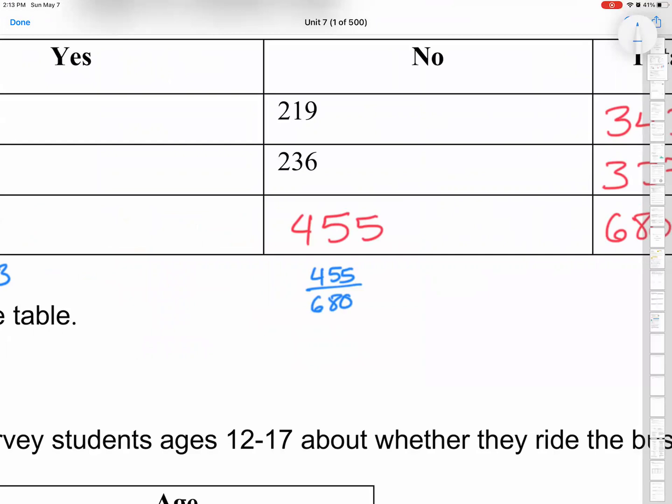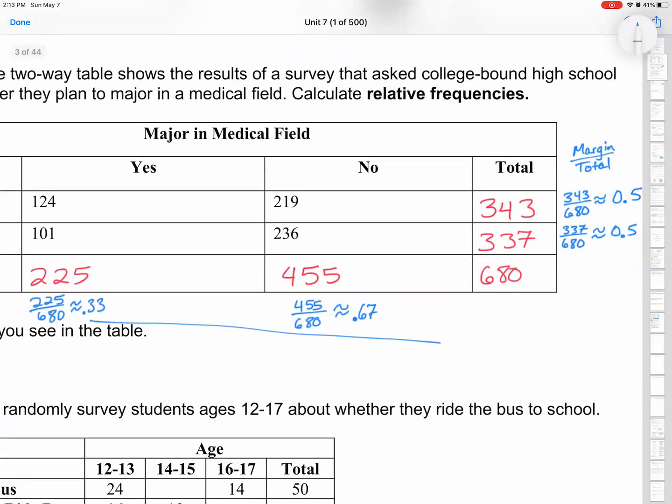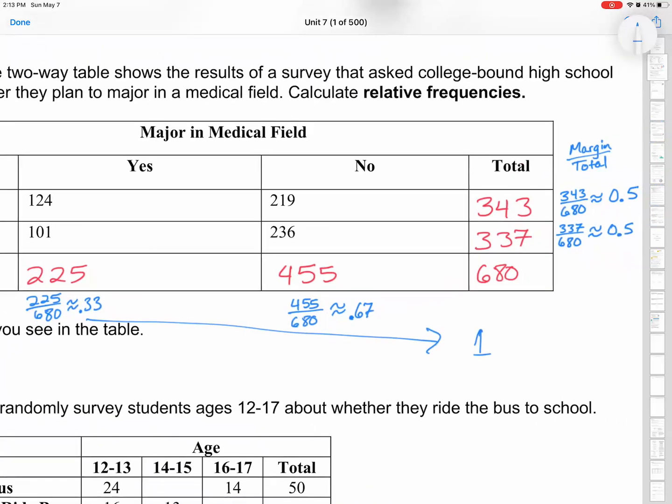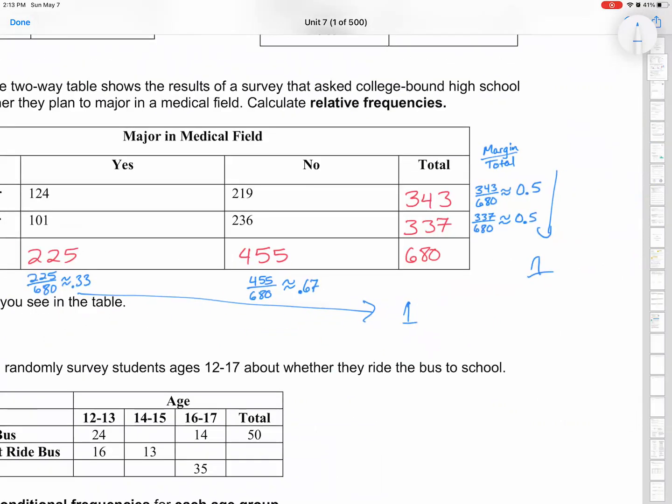So 455 divided by 680 comes out to be about 67%. Okay. And then again, if you were to add these values, they should total 1. And likewise, if you add these values, it should total 1. All right. So that is marginal distribution, because again, you're really just using the margins to help you out, and then you divide it by the total.